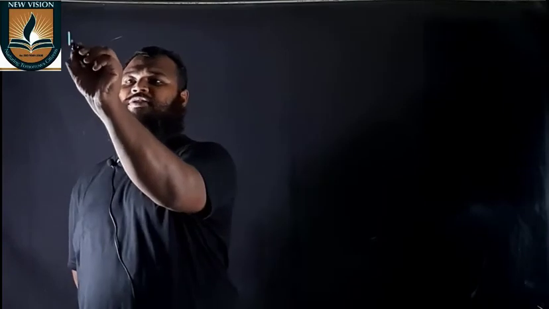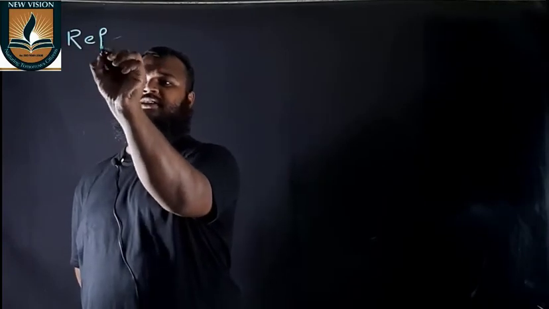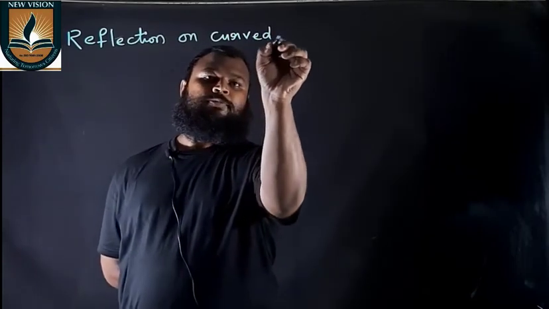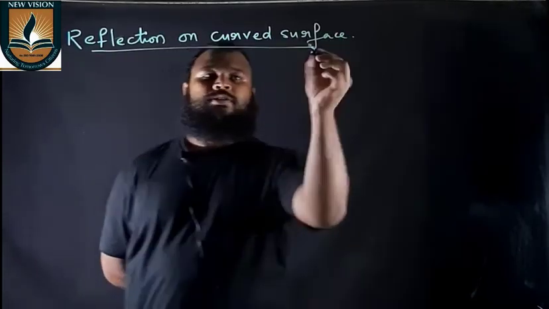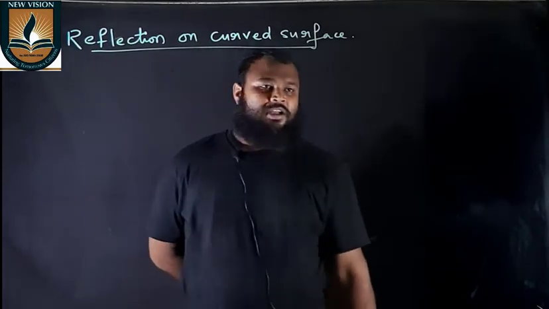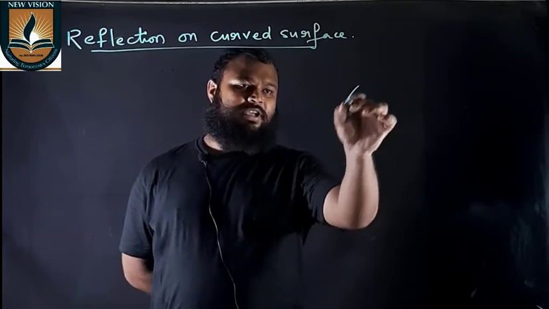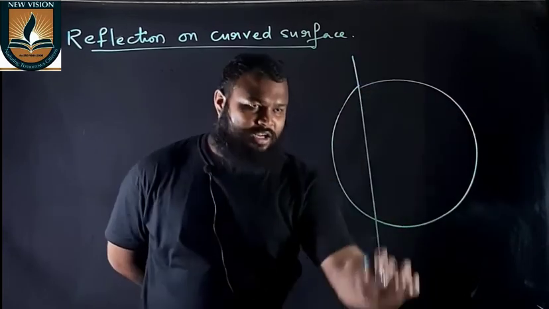So field of view is a region where you can see the image of a given object. Discuss about reflection of light on curved surface. So like spherical surface, you take a spherical glass or a sphere and you cut a part of it.